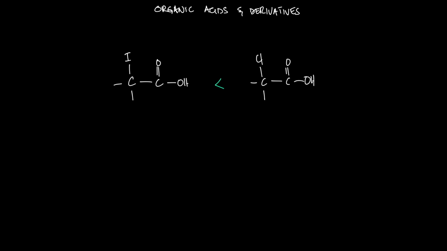The reason why is chlorine is more electronegative than iodine, so it has a stronger negative inductive effect, or it has a stronger electron withdrawing effect than iodine, okay? So the last thing that affects acid strength is the identity of the electron withdrawing group, right, or the nature of the electron withdrawing group, right?